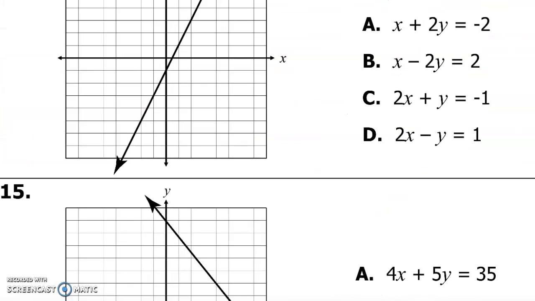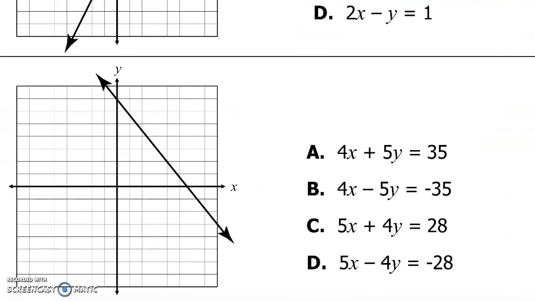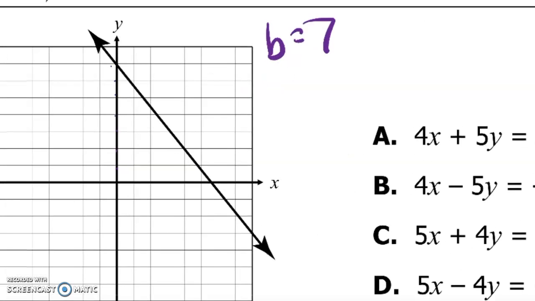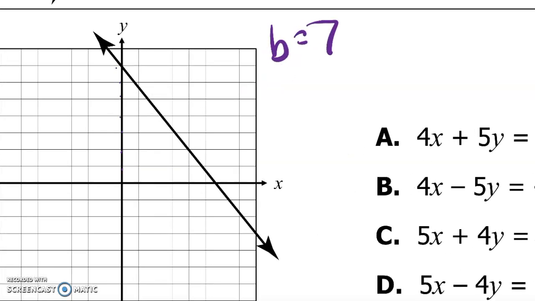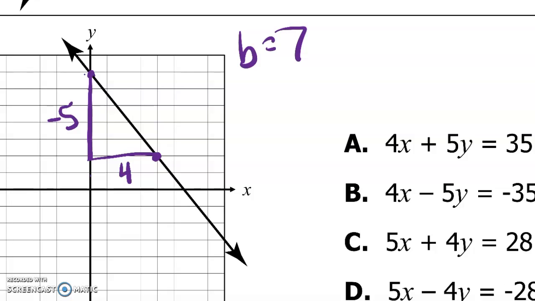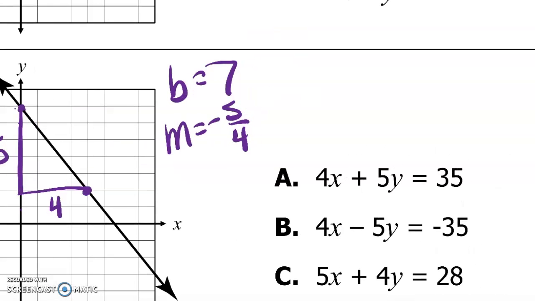So let me show you that again with number 15. Your y-intercept is 7. And then your slope, I'm going to go from here to here, down 5, and right 4. So negative 5 over 4.